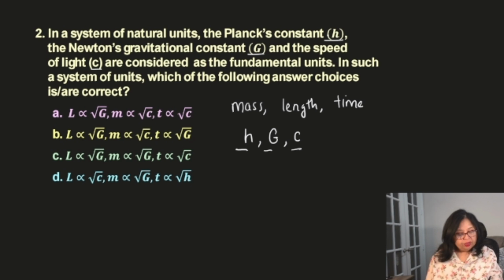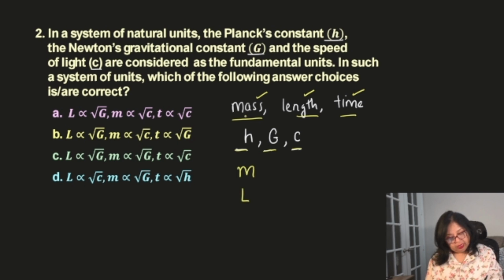These are three fundamental constants instead of mass, length, and time. So we are now to figure out how to write length, mass, and time in terms of h, G, and c.